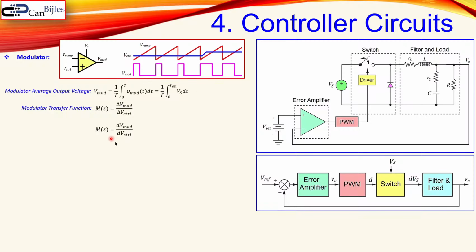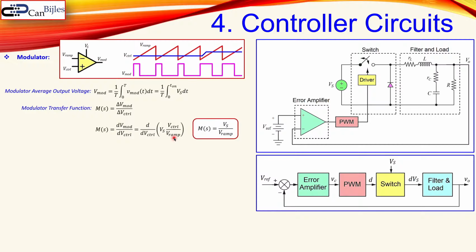Now we can look at it in more detail by using the derivative of this signal, and when you write it down in more detail, you can see that the modulation voltage can also be written like so. And now you see here that we can cancel out the control signal here and the control signal there, and then that will give us Vs over V ramp.